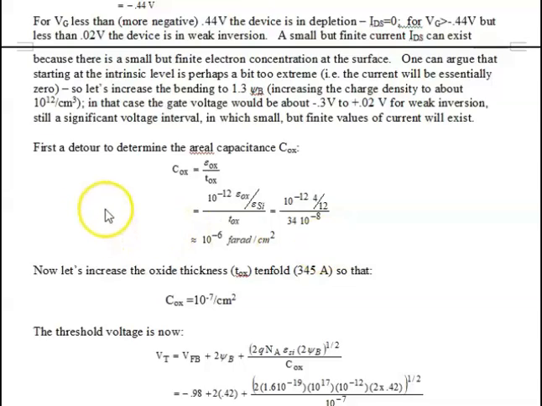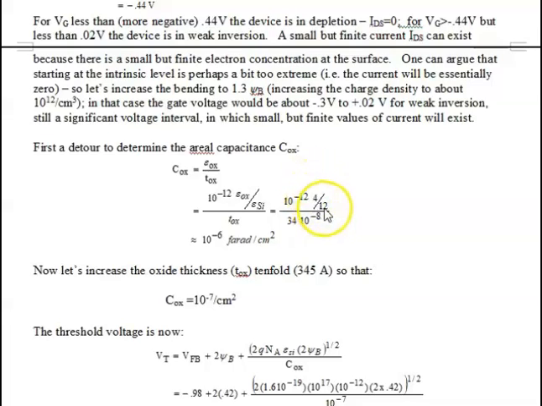Okay, so another detail, just to prove that the Cox is actually 10 to the minus 6, you put in all those numbers for 34. This actually probably should be 34.5, but I'm a little bit sloppy here. The oxide permittivity is the silicon permittivity divided by 4.